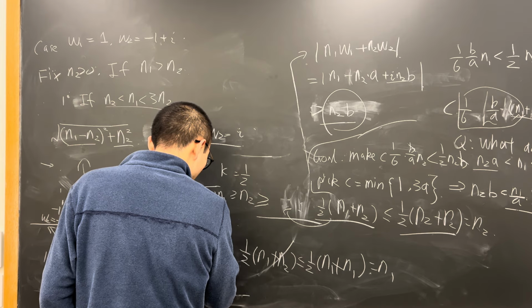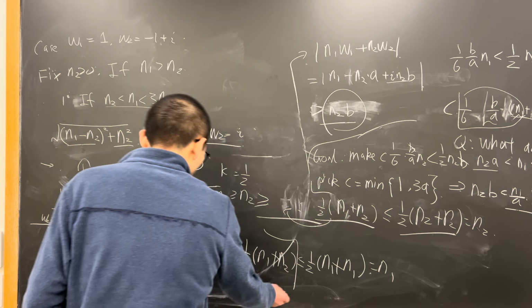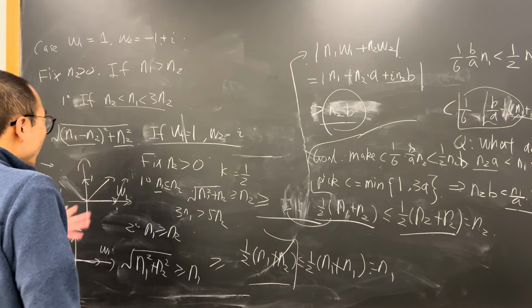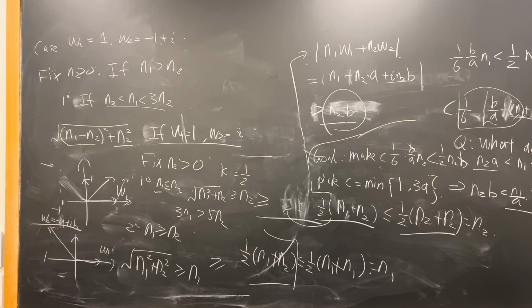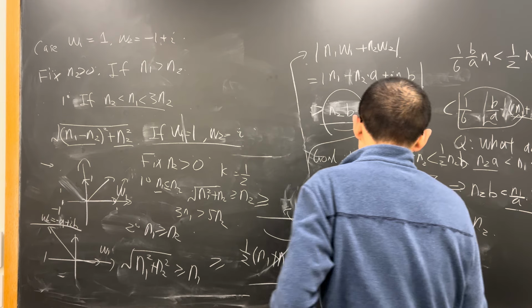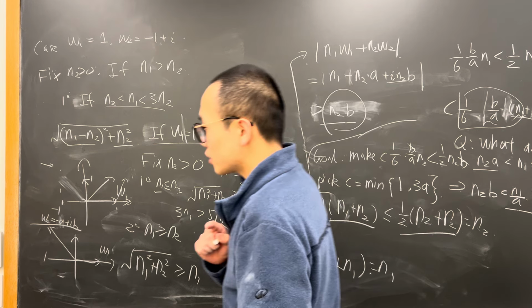So we have shown our case. Then we pick the k to be the minimum over all the sub-scenarios.